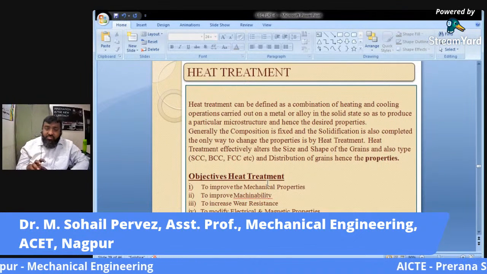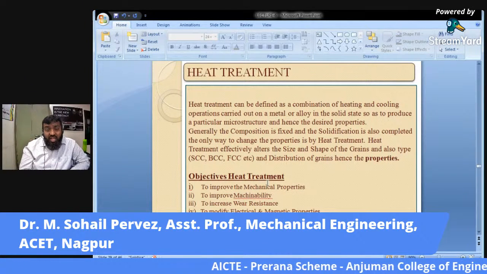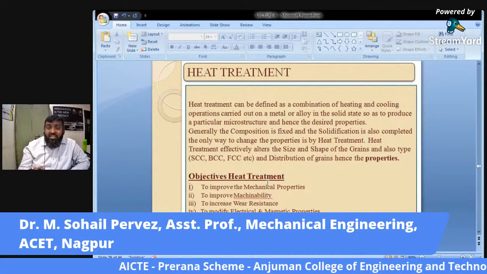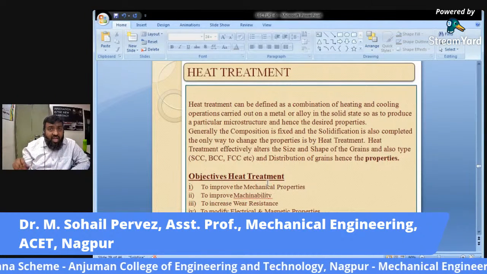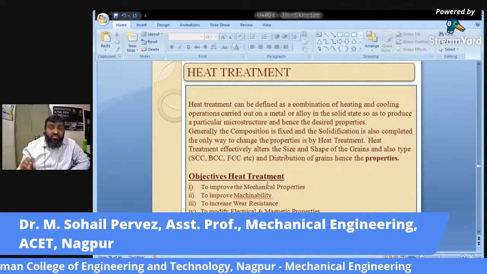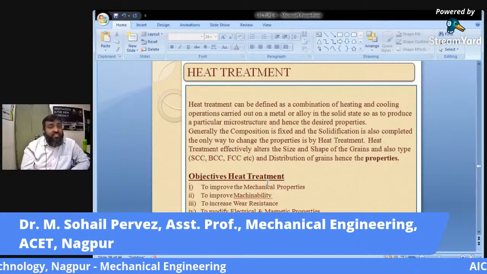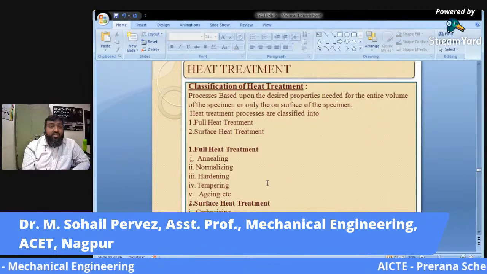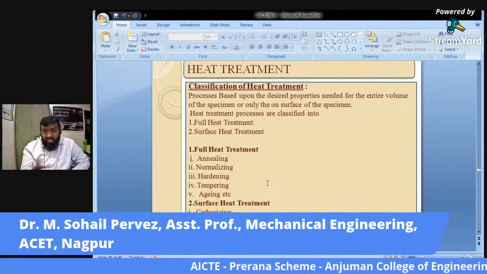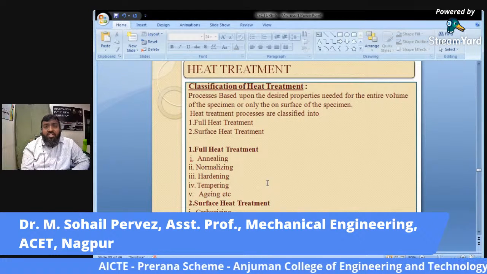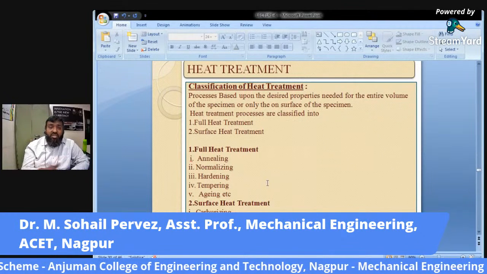So heat treatment will be done by taking the phase diagram as the reference, after which we can get the proper heat treatment processes. So phase diagram must be referred in any case. Now classification of heat treatment, as it is generally given in the books: number 1, full heat treatment, which means full body heat treatment, and number 2, surface heat treatment.